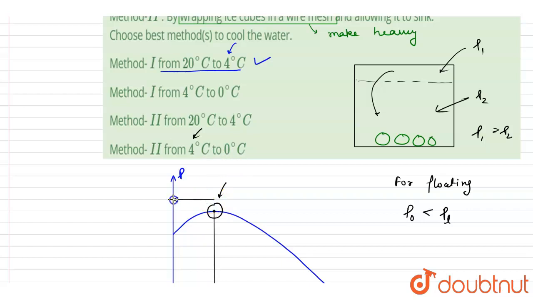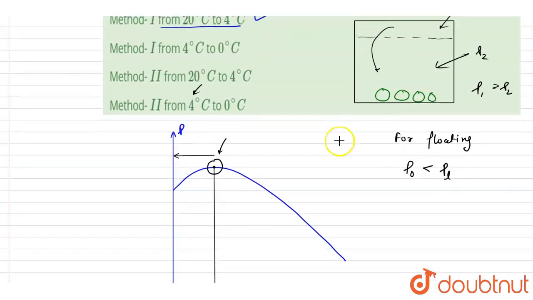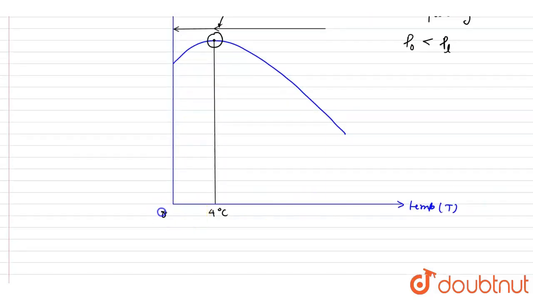So for this range method 2 is okay, and for this range method 1 is okay. This is 0 degrees Celsius and this is 20 degrees Celsius.